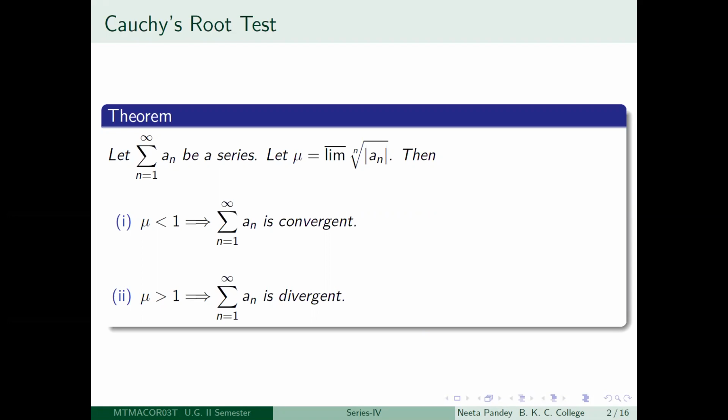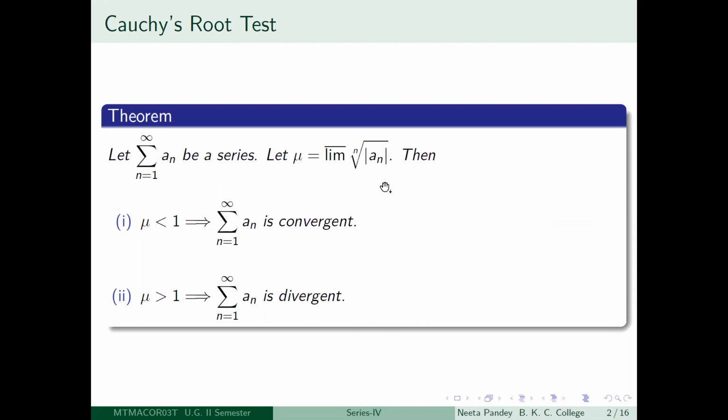Suppose you are given any series summation an, and let mu be equal to the lim sup of nth root of mod an. So this does make sense, because if you take any real number an, then modulus of an is a positive or at least non-negative number.